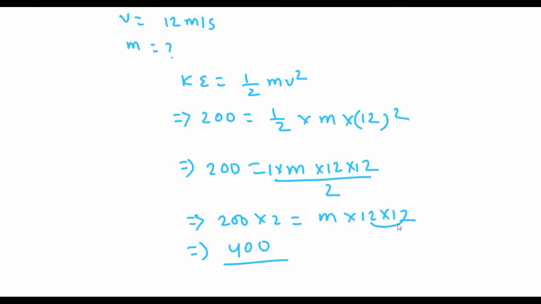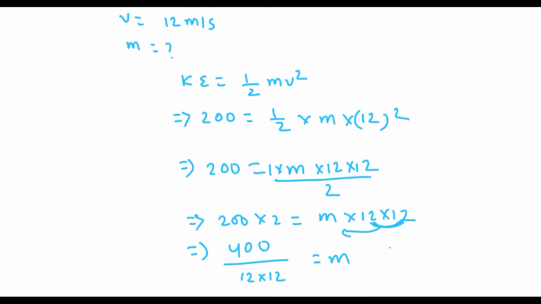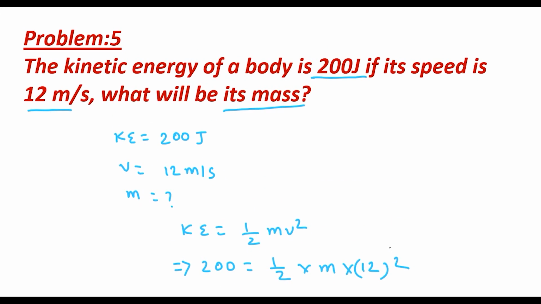This 12 into 12 is in multiplication, so it comes in division. So we solve it and we get m equal to 2.77 kg. The unit of mass is kg. So this is the required mass, 2.77 kg.